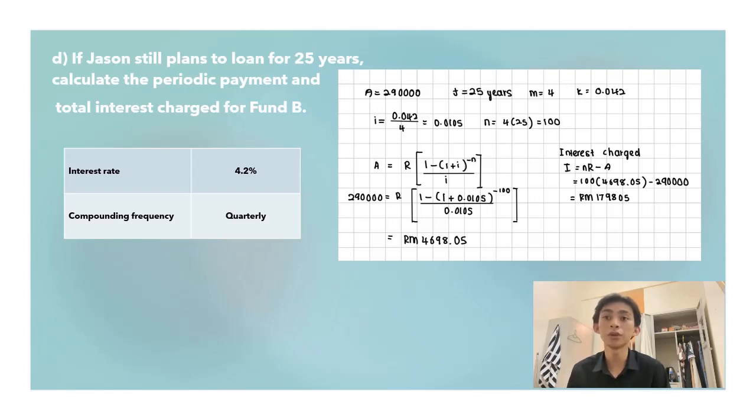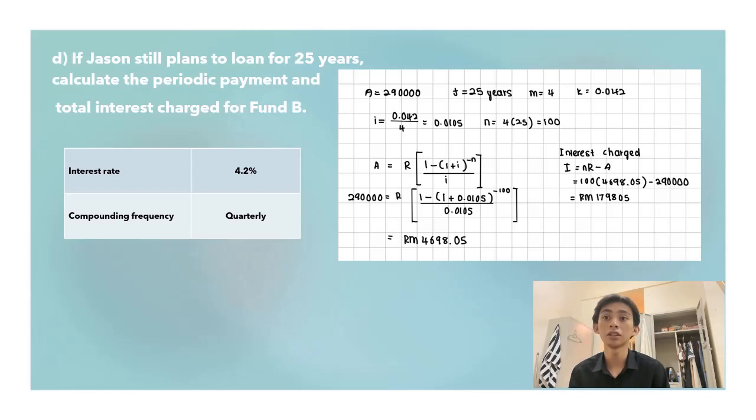We use the same formula like in question A: A equals R open big bracket 1 minus (1 plus I) power negative n over I, close the big bracket. After that, we put the numbers inside the terms.